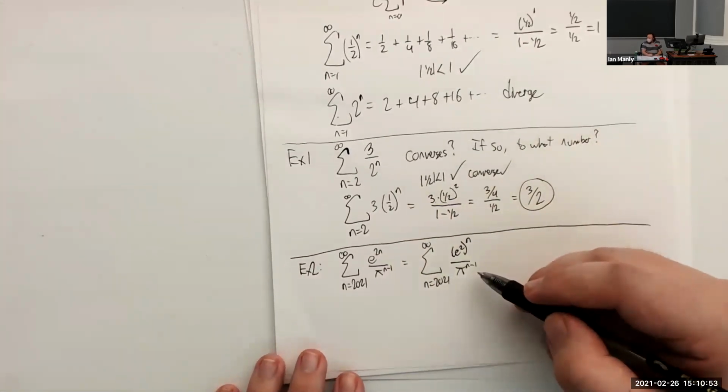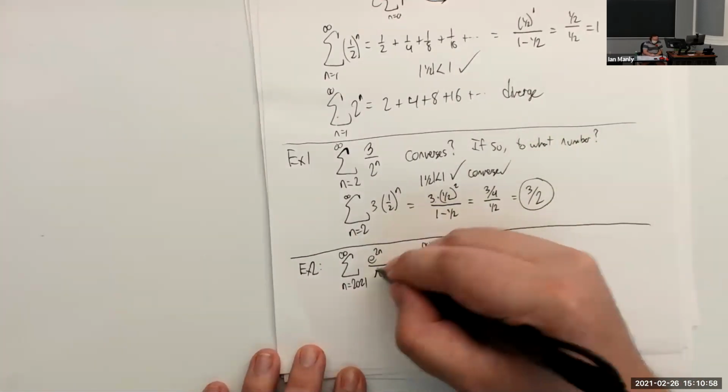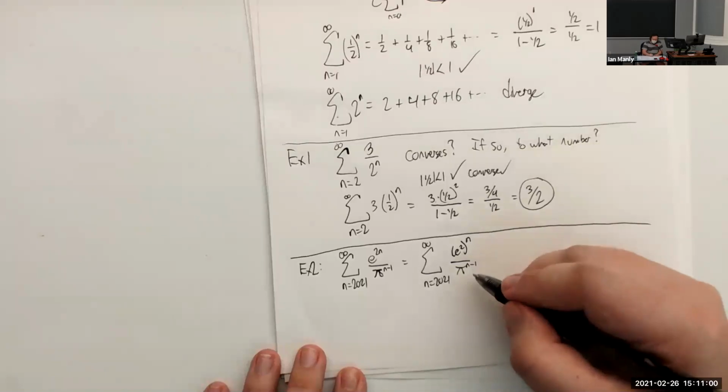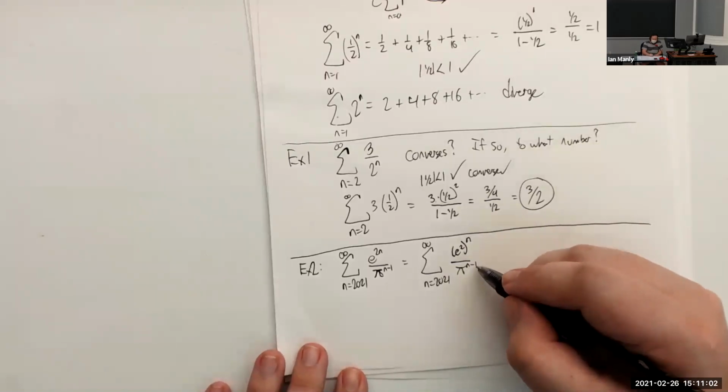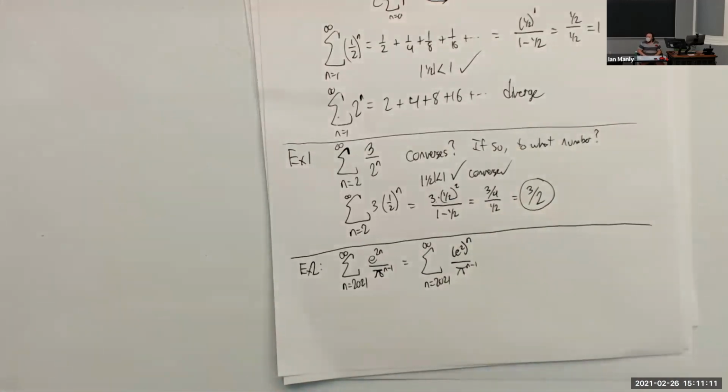Now, I would like it if, is that an x on the bottom? No, it's a pi. Sorry. It's a pi. All right, now if I want this pi to be to the nth power too, so I can combine as a fraction, how do you think I can get this pi to be to the nth power? What can I do to get that to happen?